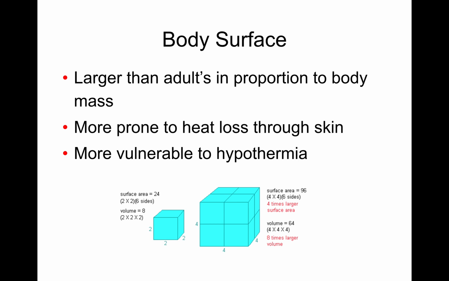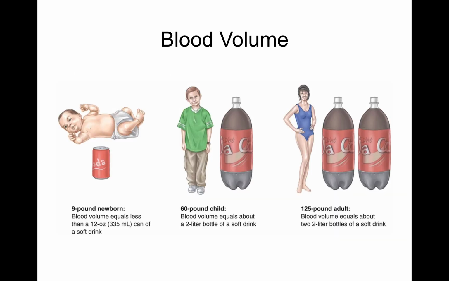Their body surface is larger in proportion to their mass, which means that they can lose heat quicker, and gain heat quicker too, for that matter. But it makes them more vulnerable to hypothermia. As far as blood volumes go, they have obviously less blood volume than adults, and so if they lose the equivalent amount of blood, that's more significant for a kid than for an adult.